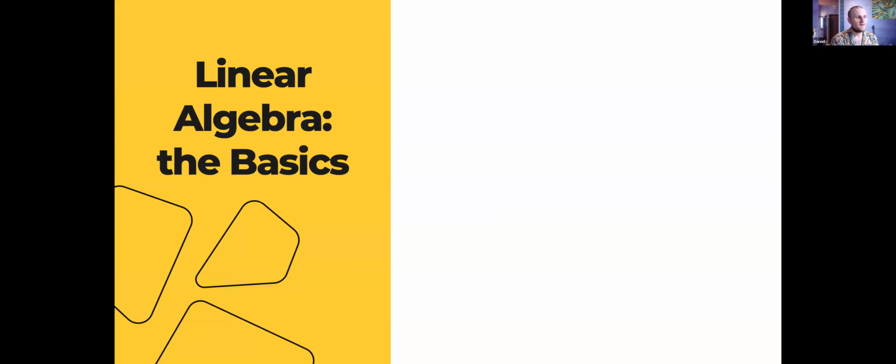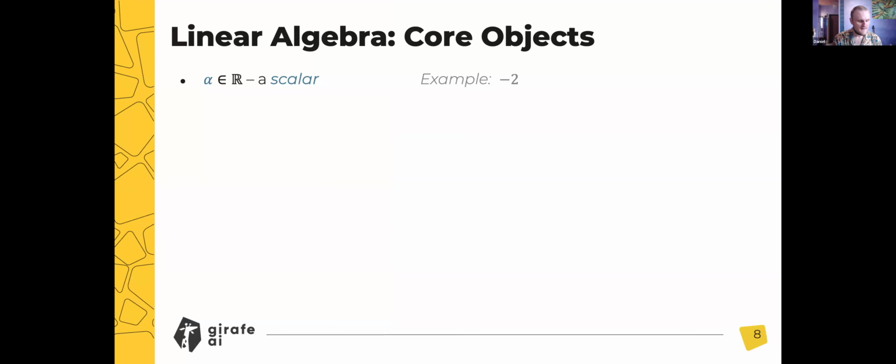So let us begin with the basics of linear algebra. Thinking like an engineer, we have to ask ourselves, what are the objects that we will have to deal with? To begin with, we will be dealing with numbers, which will be notated by this funny-looking R letter, which means real numbers, but we will call them scalars to sound fancy.